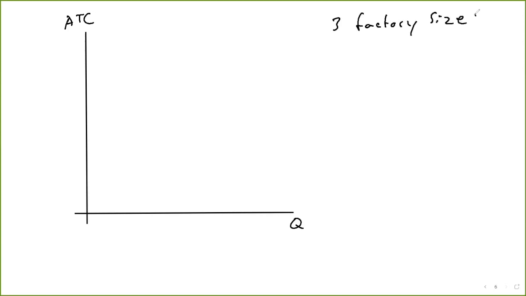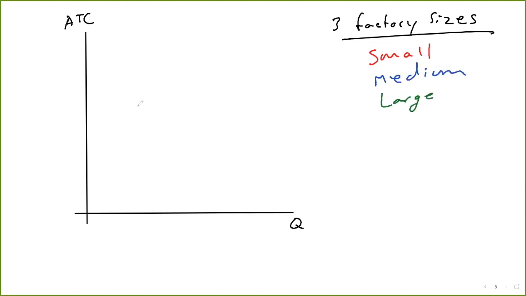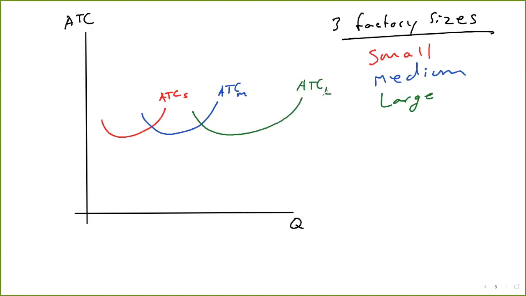So in this example, there's some kind of business, and they can choose between 3 factory sizes to lease. There's going to be a small, medium, and large. So then we're going to get average total cost curves that look something like this. So this is average total cost for the small factory. Got average total cost for the medium factory, and then average total cost for the large factory.